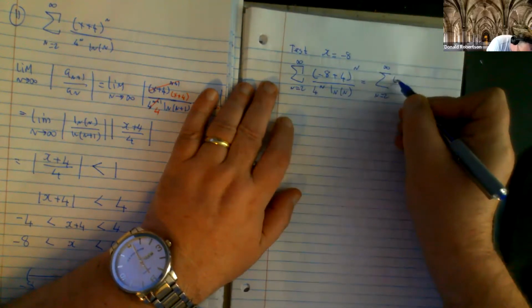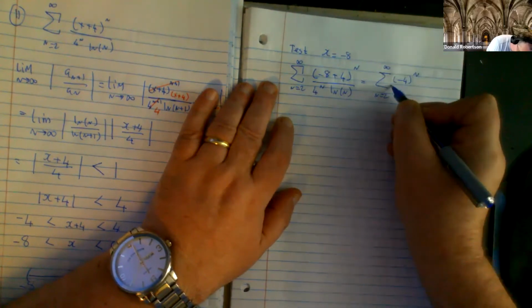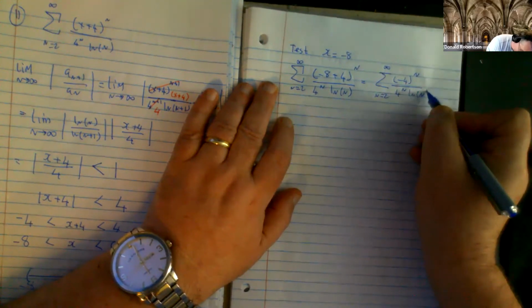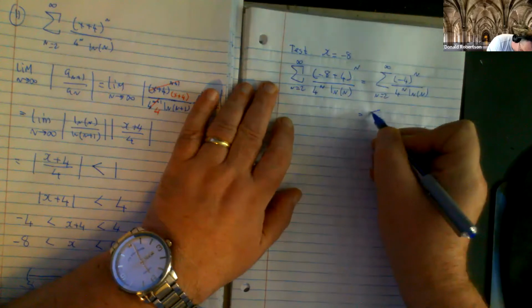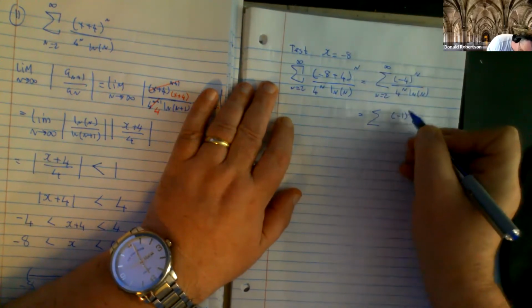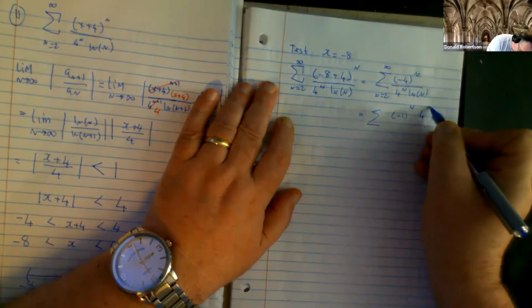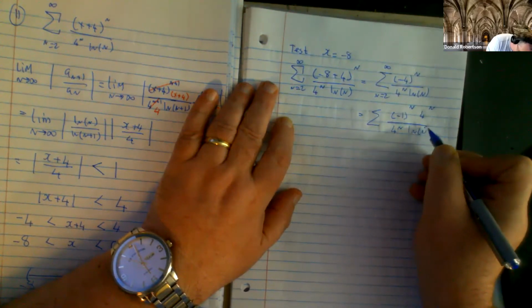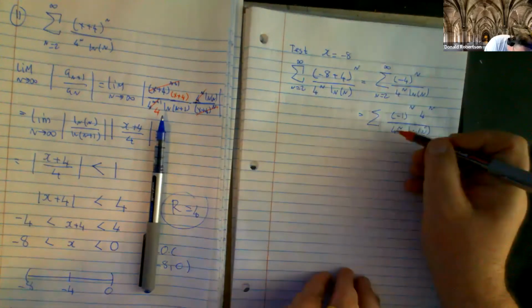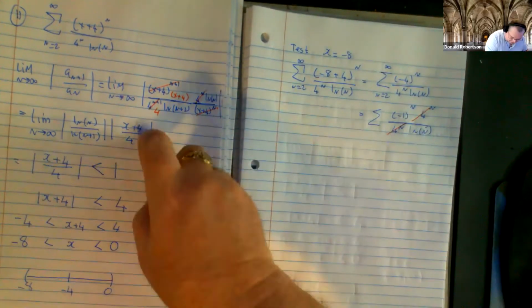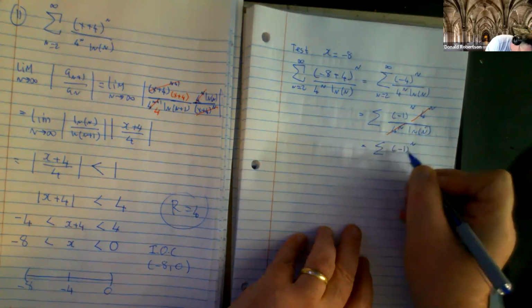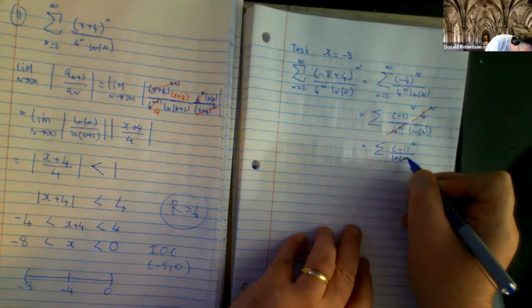That becomes -4 to the n over 4 to the n natural log of n. We don't like -4 to the power of n. We'll call it -1 to the n, 4 to the n. And when we simplify it down by cancelling these, we are now looking at something that's actually quite nice.